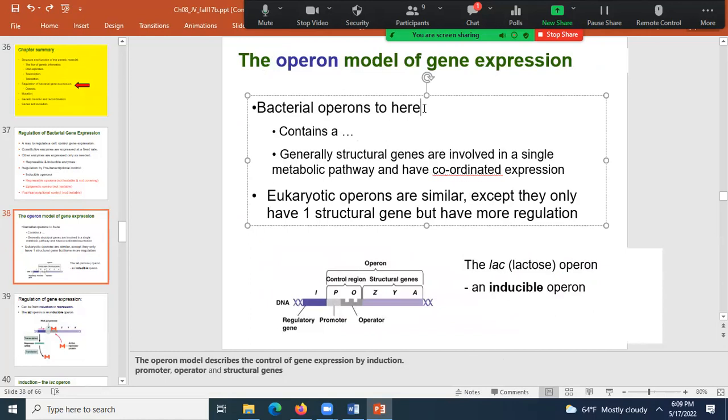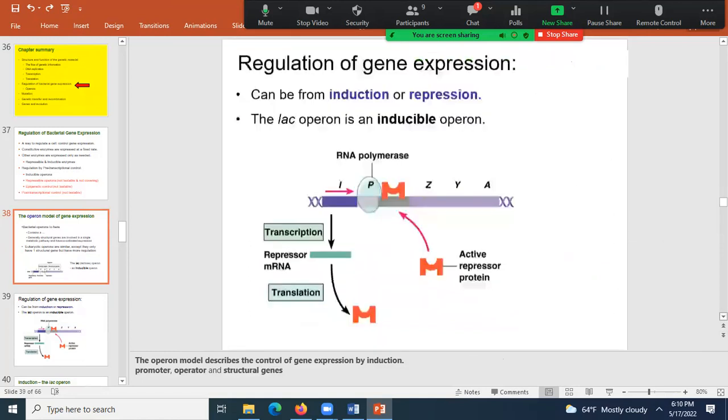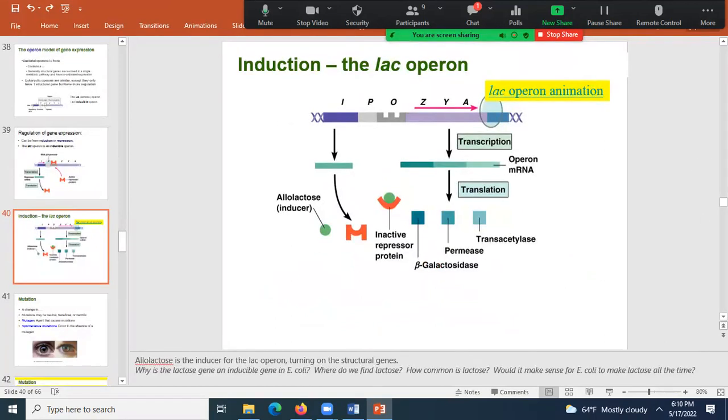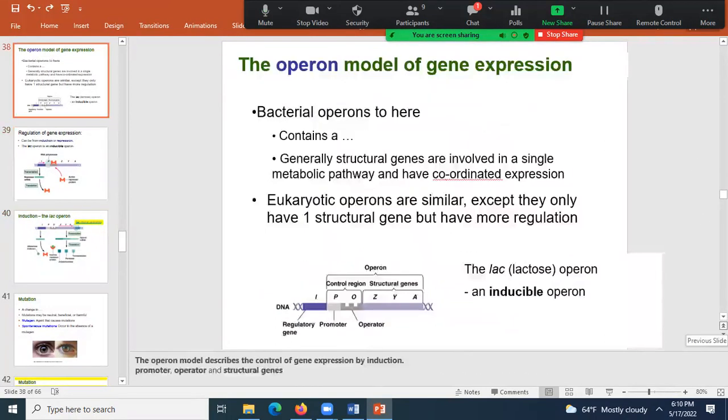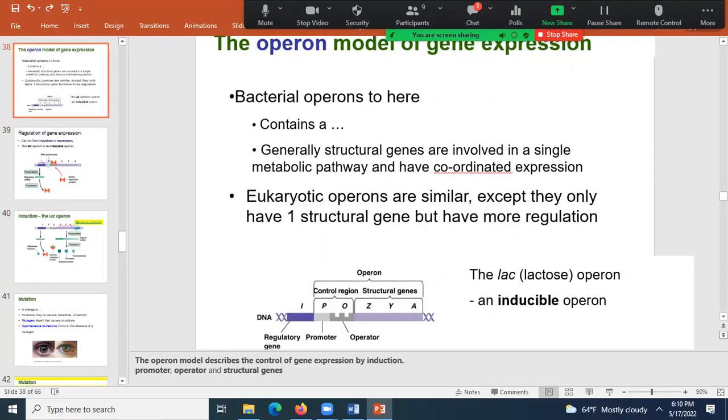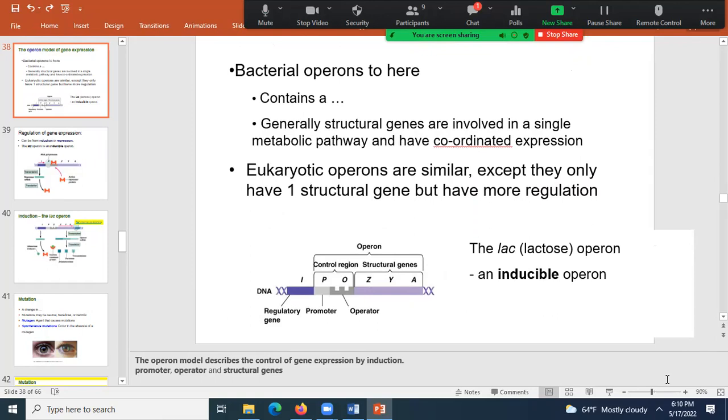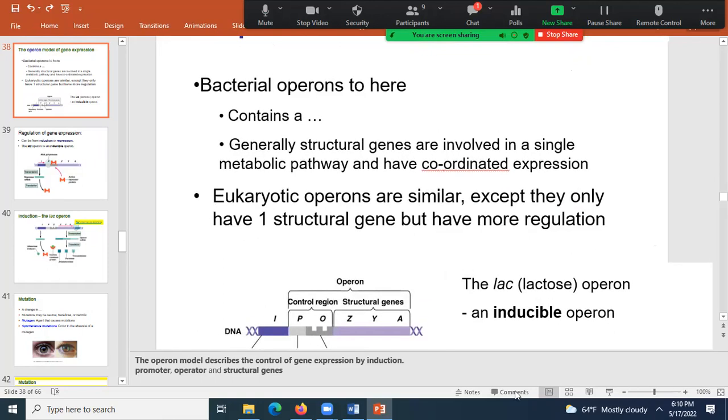To talk about gene expression, I need to talk about the operon. The operon is a model of gene expression. A bacterial operon contains the gene of interest. So the gene of interest in our case is the lactose gene.